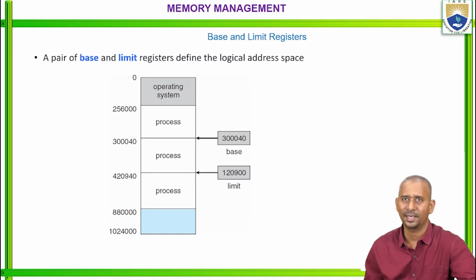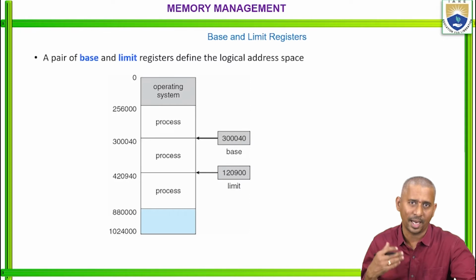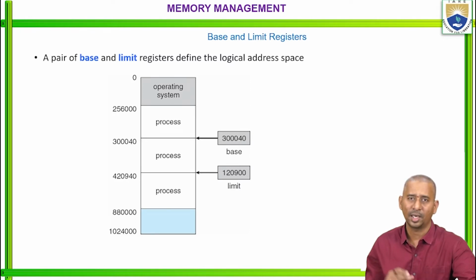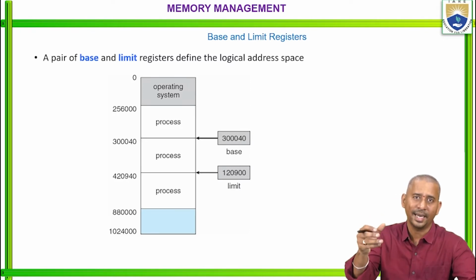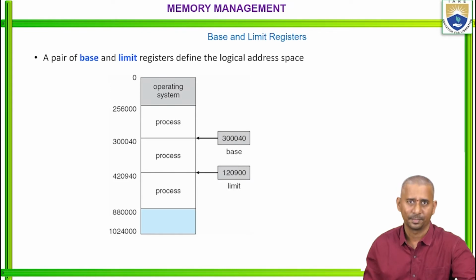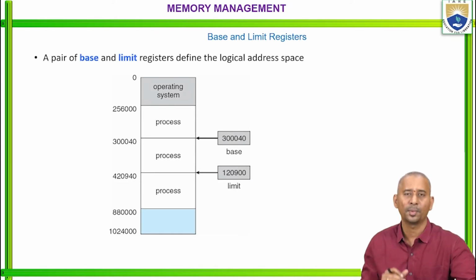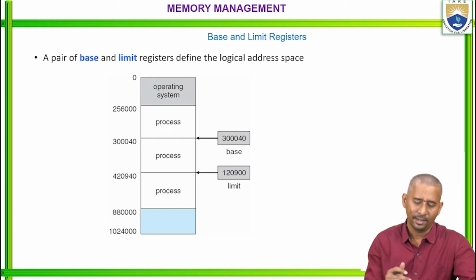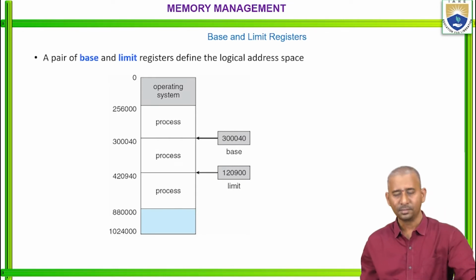So what does that mean, logical address space? Whenever a particular process is opened or enters the running state, the processor creates some logical address space. See, for example, this is the memory.